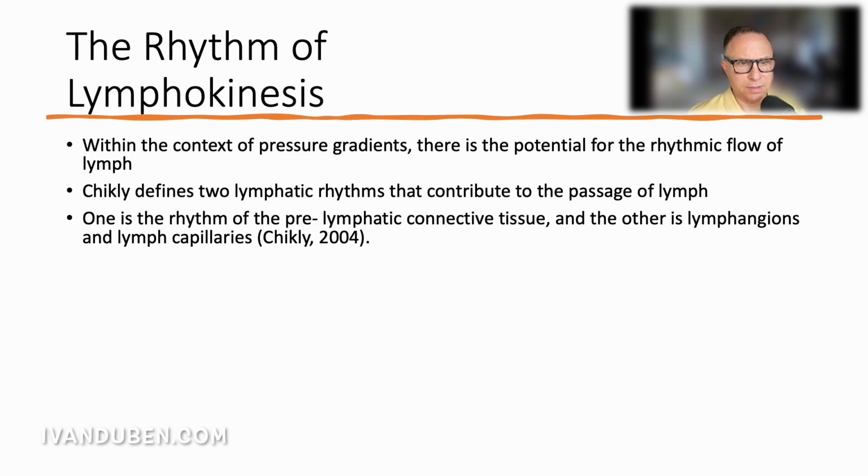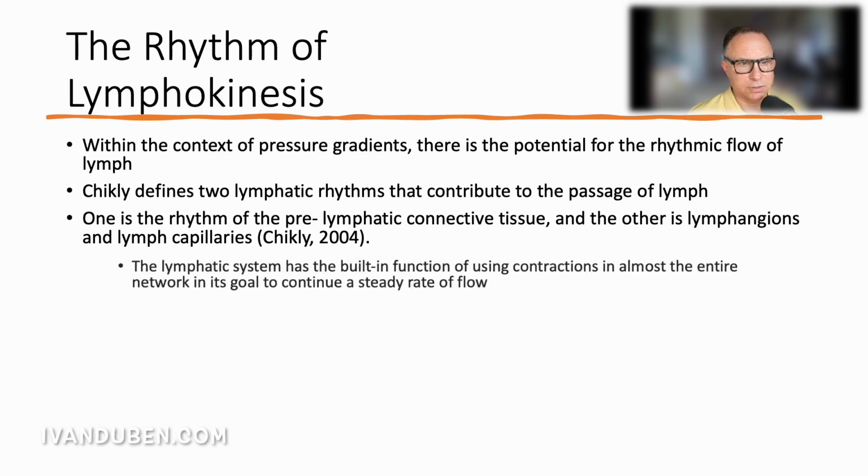Now, it could just be because the lymphatic, pre-lymphatic, and many of the lymphatic structures are near arteries, so I suspect that the connective tissue motion is happening first on behalf of the artery, and as a result, you have the other side of that where the same connective tissue motion is supporting the movement of lymphokinesis.